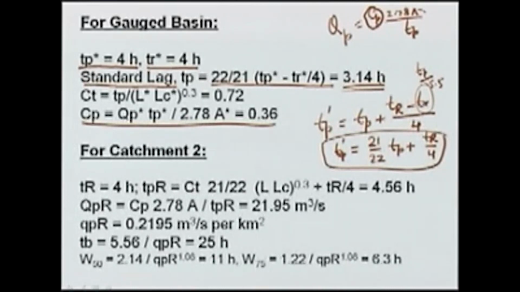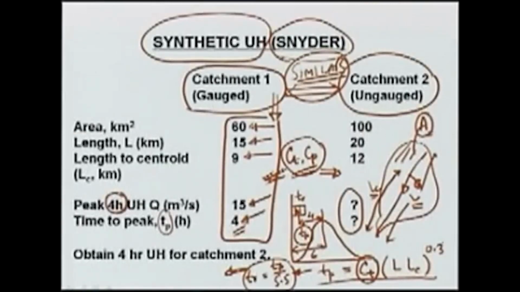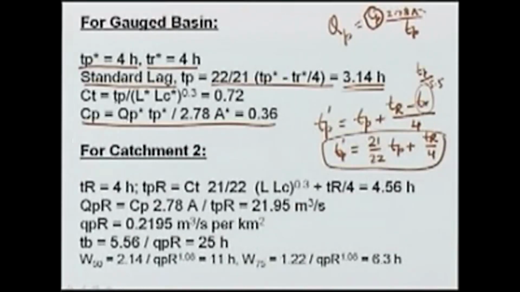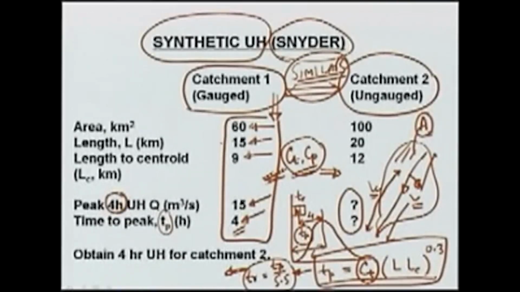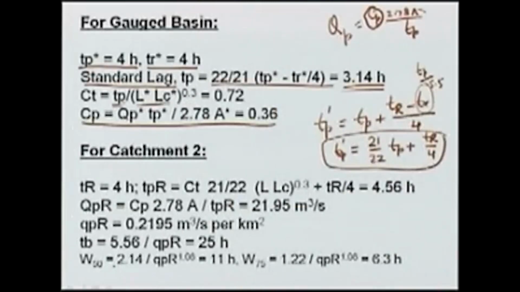So, this means that for the given basin, the standard lag should be 3.14 hours, and since we know the equation for standard lag, we can obtain the value of Ct as standard lag divided by L star Lc star to the power 0.3. For the catchment 1, L is 15, Lc is 9. So, we have 15 into 9 to the power 0.3 and Tp is 3.14 hours. This gives us a Ct of 0.72.